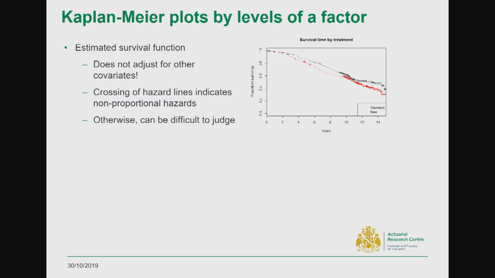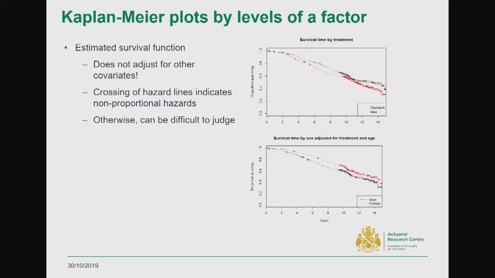I think we did not adjust for the covariates. But the most important thing about the first graph on top, when we are comparing the survival functions, with survival function on the y-axis, is that they should not cross. Whenever the two lines cross, the proportional hazards assumption is violated.